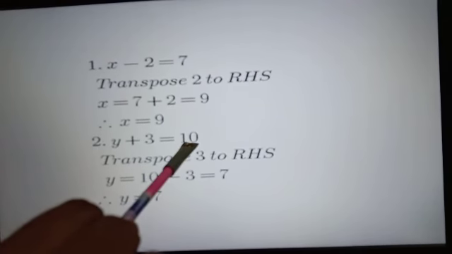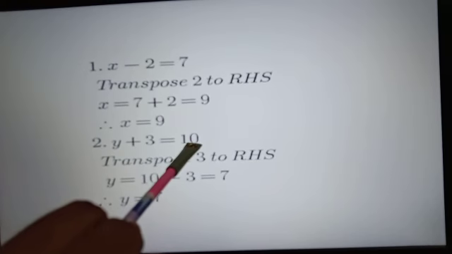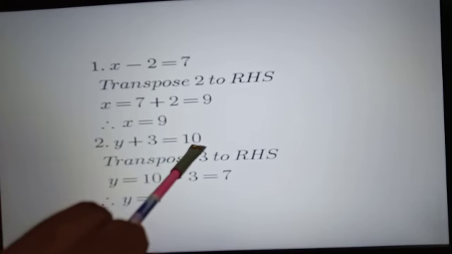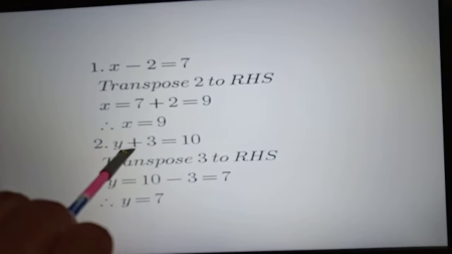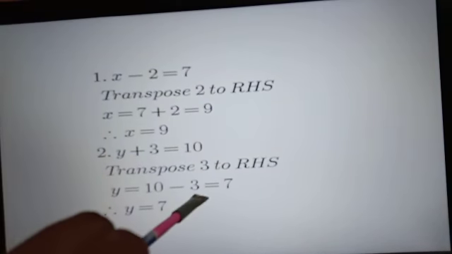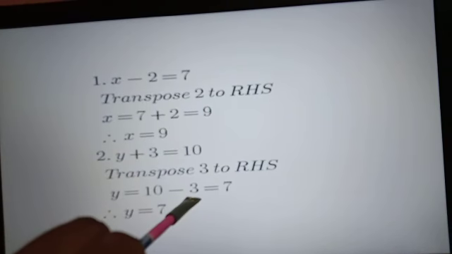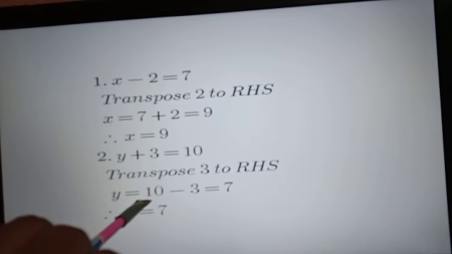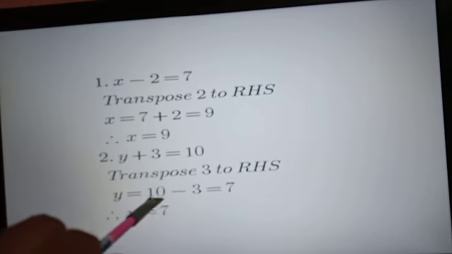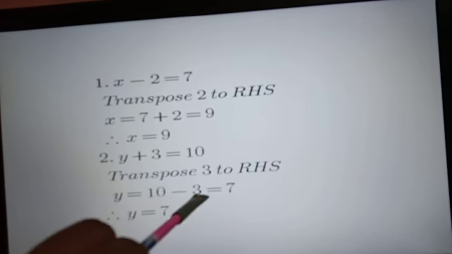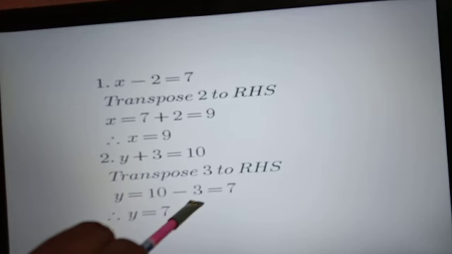Already we have 10 on the right side, so you should not change anything for the right side term. Only the left side term changes, because we are bringing this plus 3 to the right side. So plus 3 becomes minus 3. So plus 10, and this plus 3 becomes minus 3 on the right side. Now we have different symbols. Different symbols means we have to subtract.